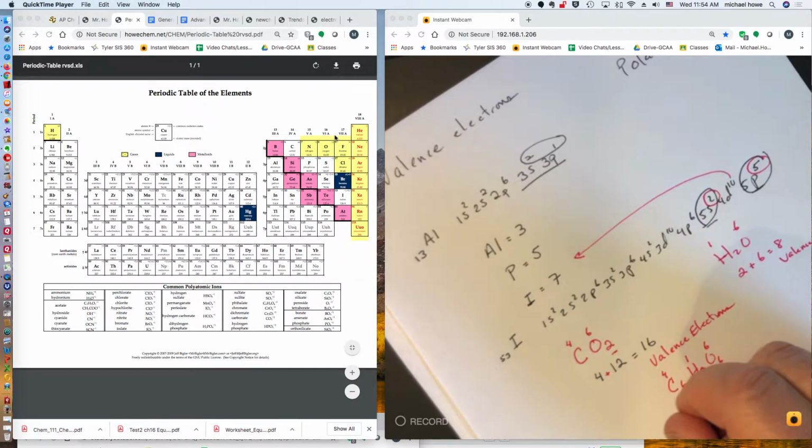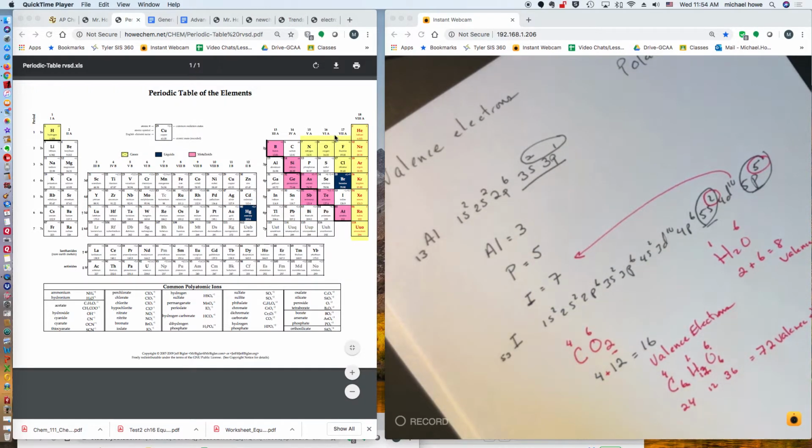So we'd have 4 times, there's 6 atoms of carbon, each one has 4, so it'd be 24. There's 12 atoms of hydrogen, each one has 1, so that's 12. And there's 6 atoms of oxygen, and each one has 6, so that's 36. So 24 and 12 is 36, plus 36 more, 72 valence electrons.